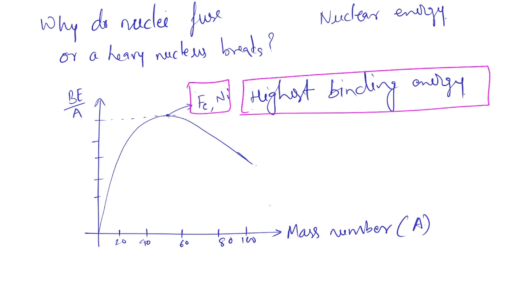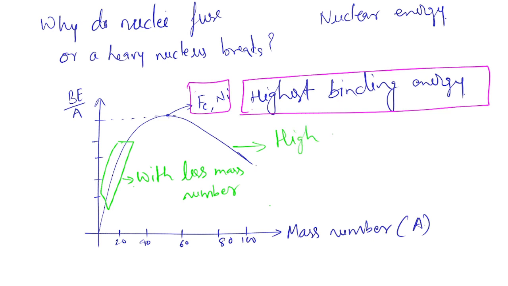You can see from the graph the lighter nuclei in this region, with less mass number, and here high mass number. They both have low binding energy.